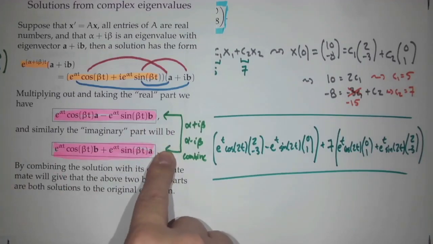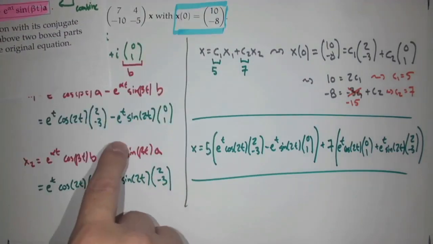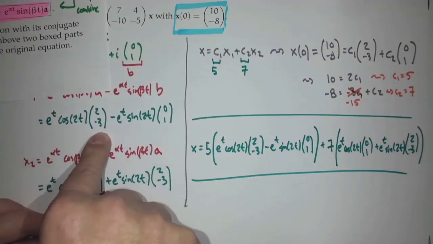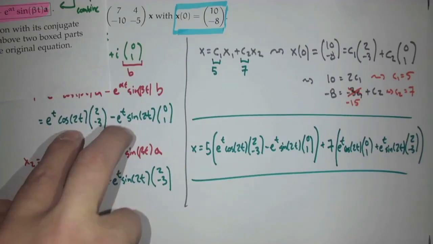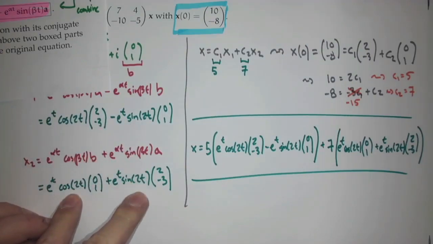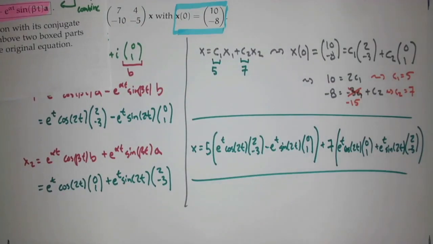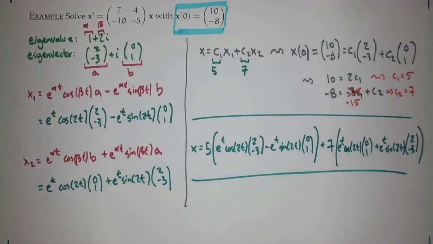So the conjugate came into play in that we are saying both the eigenvalue and its conjugate contribute to this solution, and both the eigenvalue and its conjugate contribute to that solution. So that's where the conjugates are coming into play. It's not that we're ignoring it, it's just that they've combined together. Their powers combined. They are our two solutions.